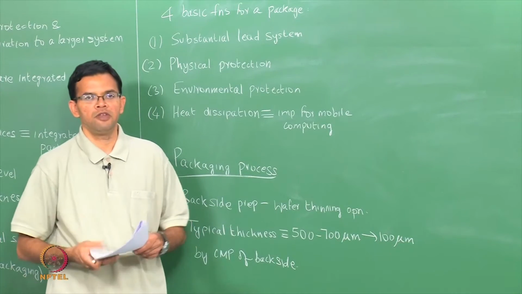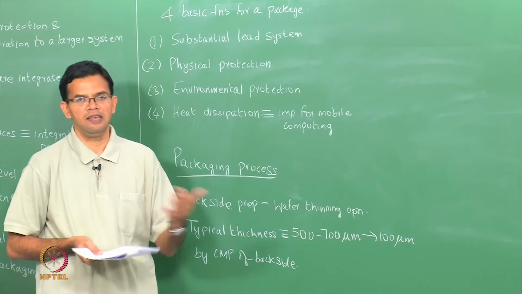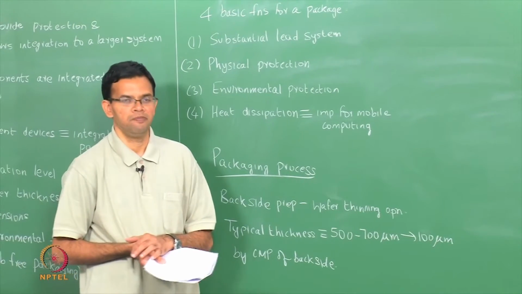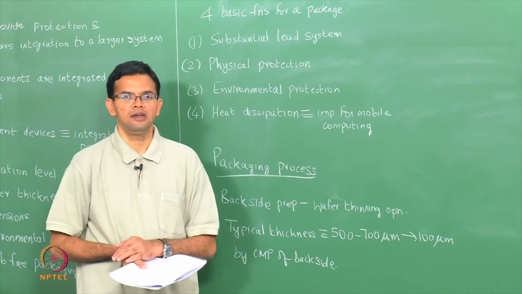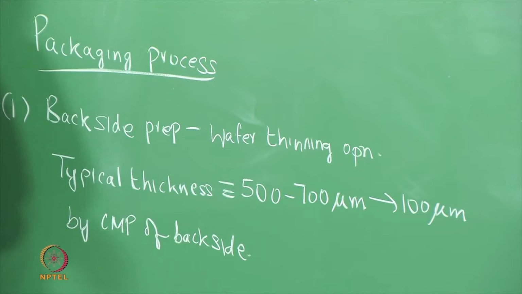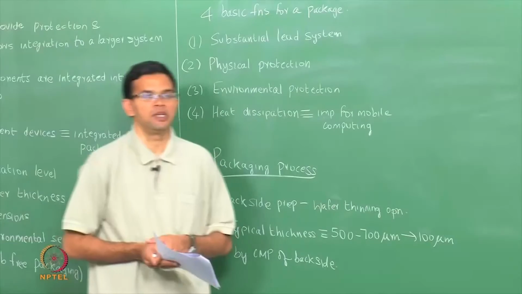The front of the wafer is protected usually by applying some sort of a coating, and then the backside is thinned, so that the overall thickness comes to around 100 micrometers.